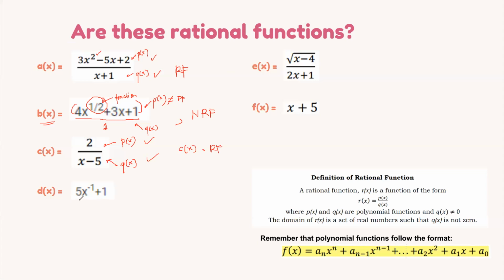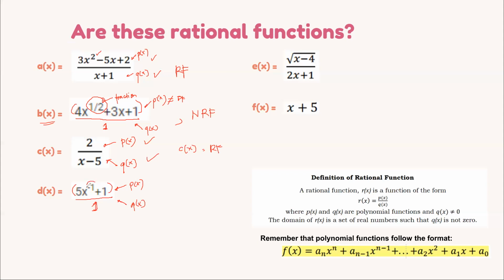This is kind of tricky, right? But we can take it as follows. Remember, just like B of x, we can take this whole thing as equal to 1. Since this is the numerator and this is the denominator, let's ask: is P of x a polynomial function?